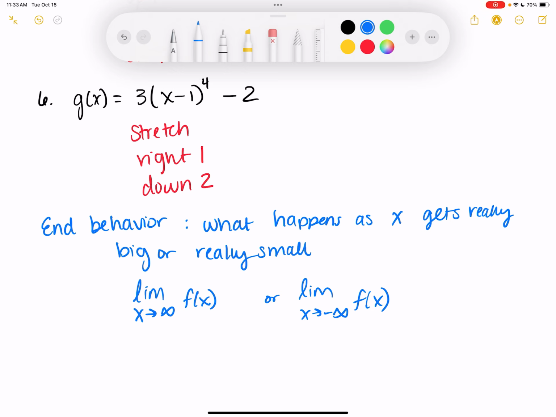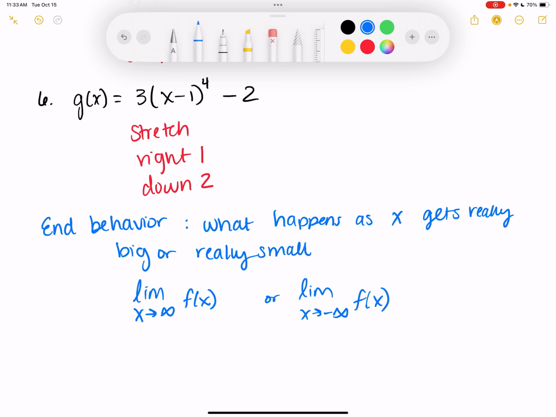Big things to pay attention to are what is the power on the x. I only care about the highest powered x term. Essentially everything else I can just erase and pretend it doesn't exist, because at such a large number, it's not going to matter what everything else is doing, only the highest powered term. I've got to pay attention to signs as well.